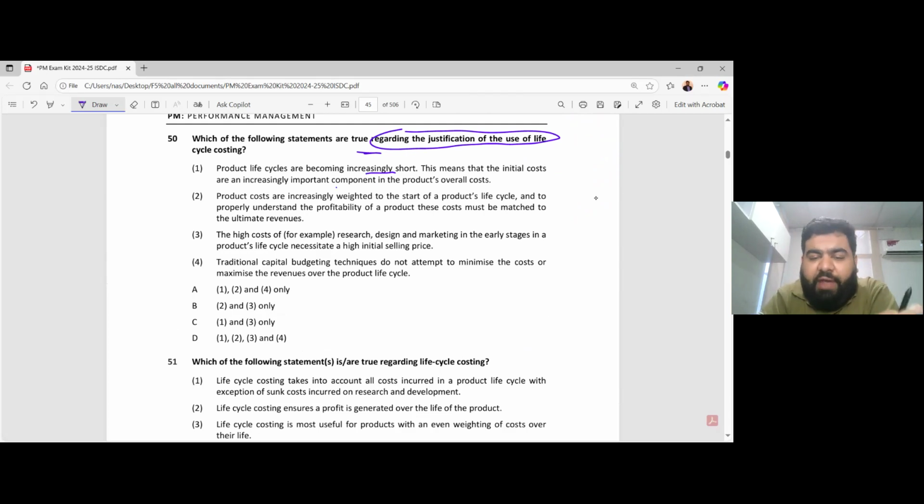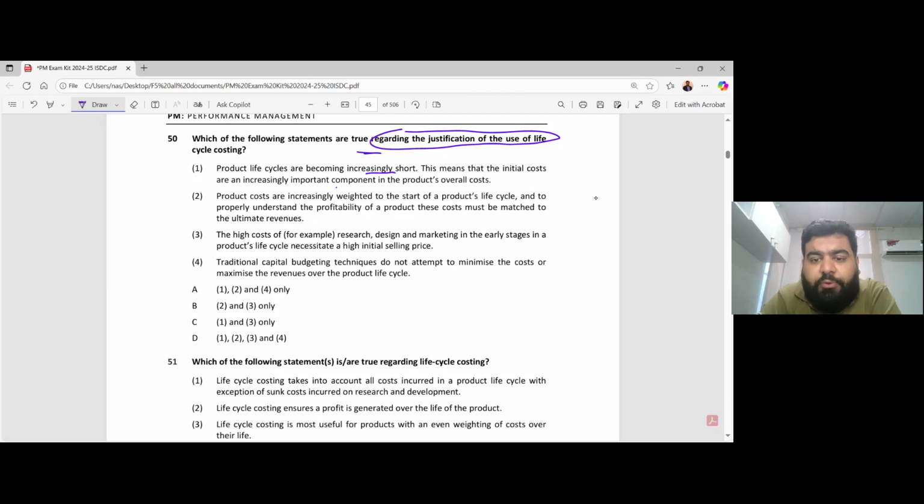Yes, if any product has a short life cycle, it is very important to see the initial cost. For example, I know that my product life cycle is just 3 years, and I have incurred a lot of cost in the first year. So it is difficult for me to cover all the cost in the selling price quickly. On the other hand, if I have a 10 year life cycle product, I know that over time I will reduce the cost and earn the profit.